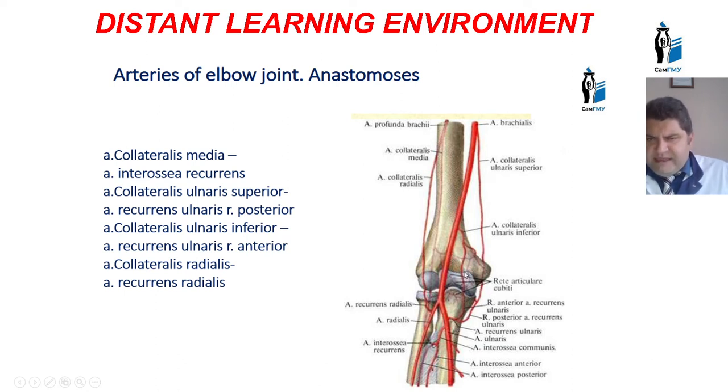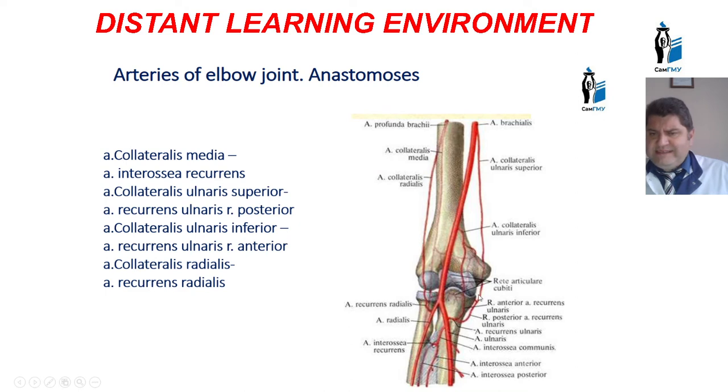And now you may see that the anterior recurrent ramus at the anterior surface of the elbow joint forms the connection with the inferior ulnar collateral artery from the brachial artery, but the posterior ramus forms the anastomosis behind the epicondyle of the humerus bone with the superior ulnar collateral artery.